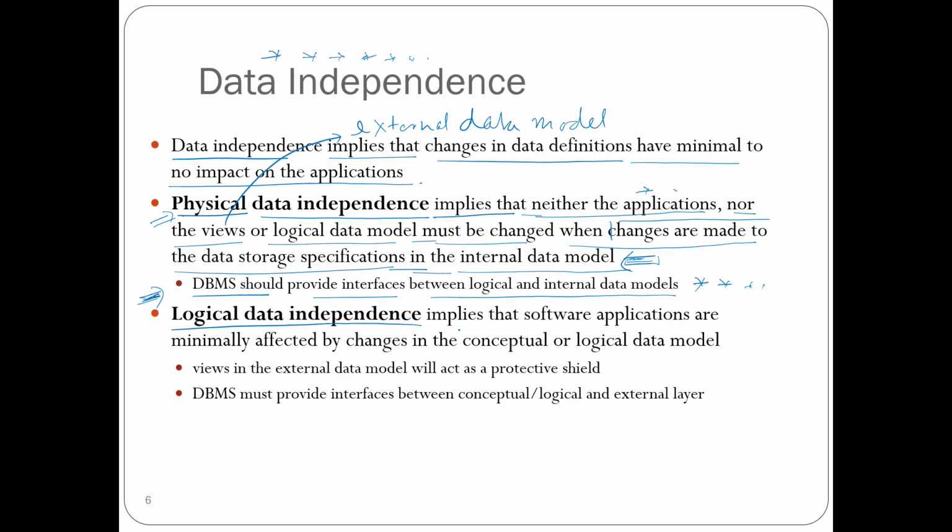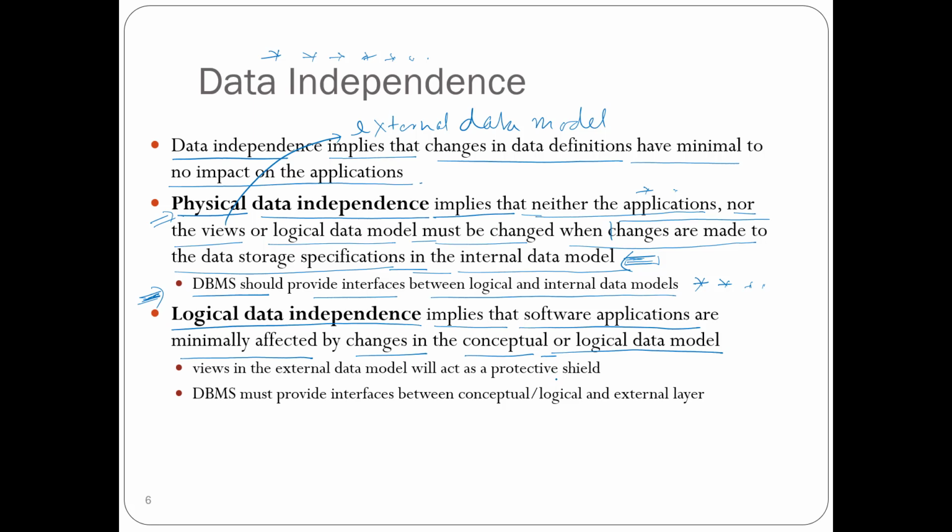So what is that? The logical data independence implies that the software applications are minimally affected by the changes in the conceptual or logical data model. Okay, so in the previous case, which is the physical data independence, we discussed the changes which are happening at the internal data model.